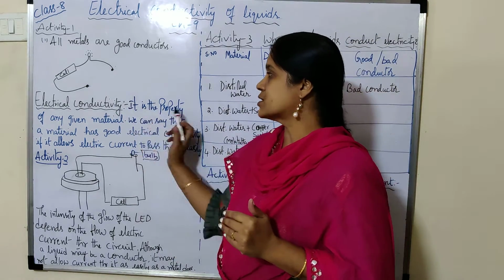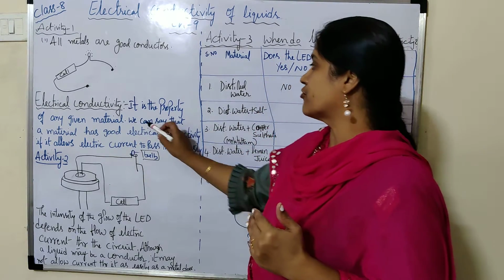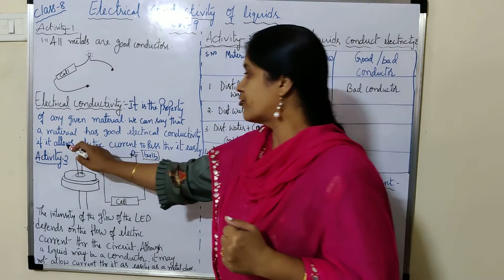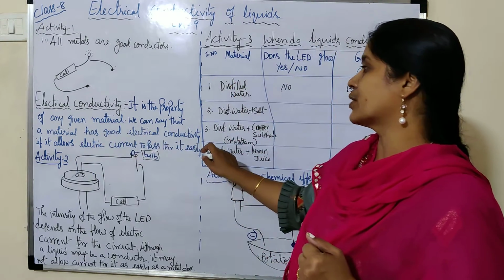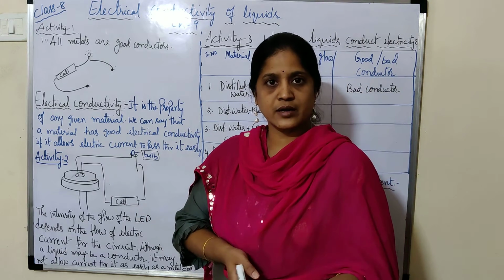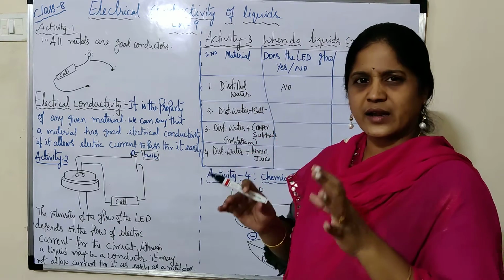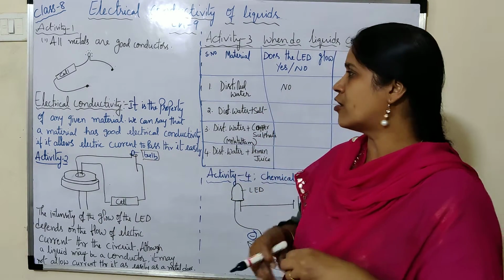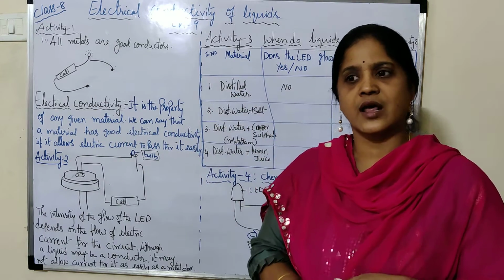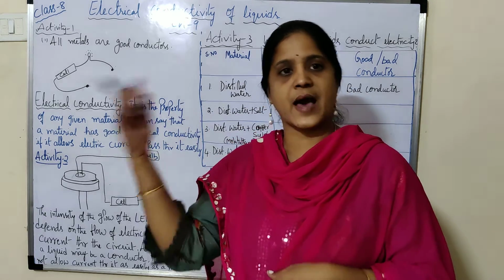We can say that a material has good electrical conductivity if it allows electric current to pass through it easily. If a material allows it, it is a good conductor. We can check this for any given material: if it allows current, it is a good conductor; if not, it is a bad conductor.